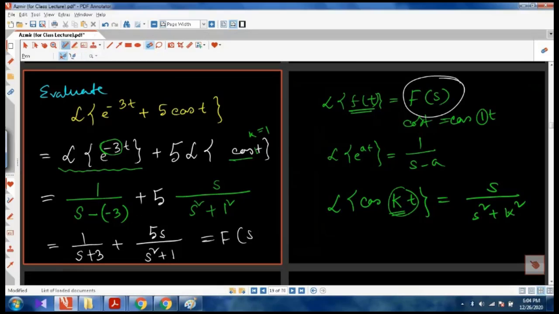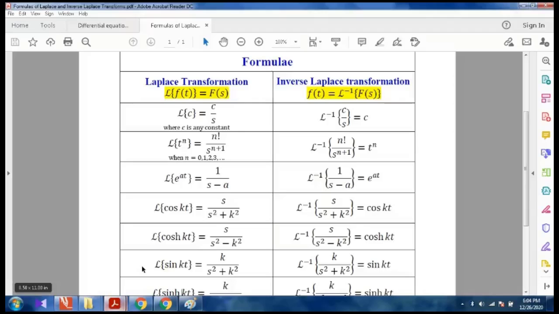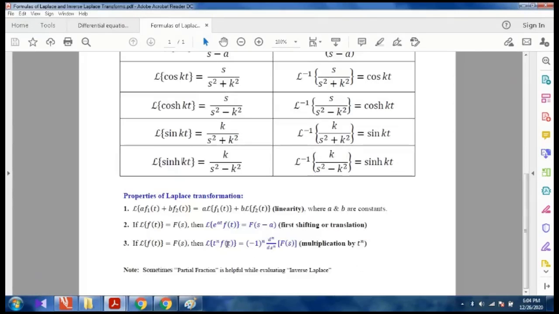So I hope up to this part you don't have any confusion. Do you have? No, sir. So if you don't have any confusion, let's move to the complicated properties.